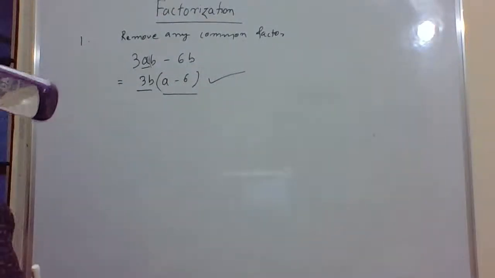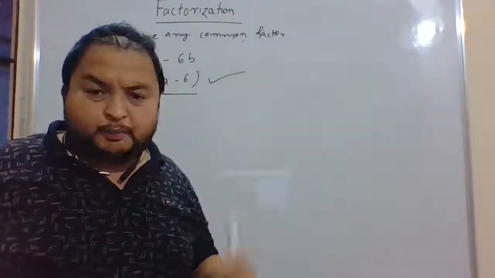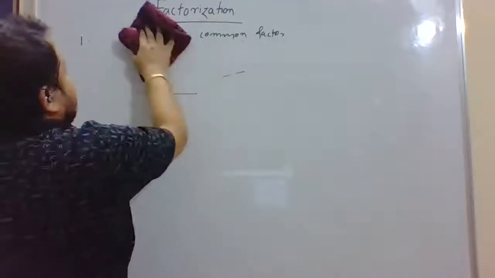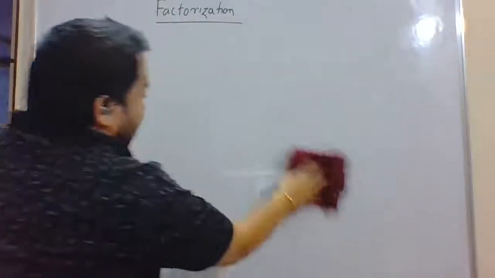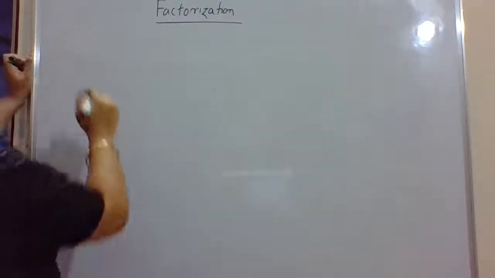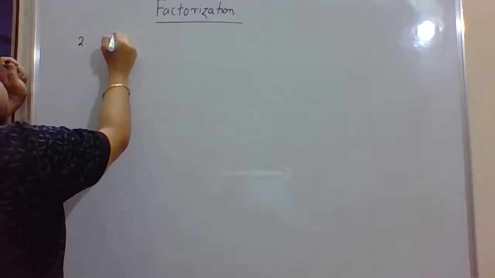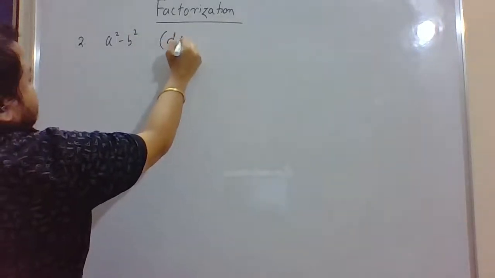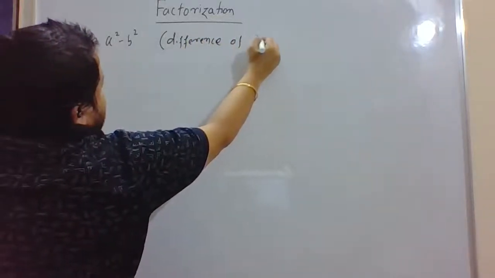Now, after completing this first pattern of problems, let us move into the second pattern. And the second pattern was, we said, after removing the common factor, we would try to see if our expression can be expressed in terms of a squared minus b squared, or we call it the difference of squares pattern.